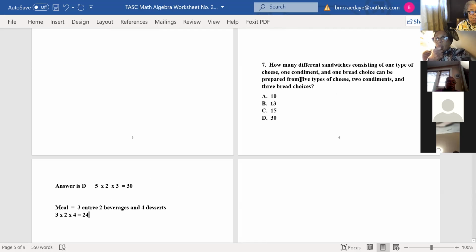Taking 1 of each would be 5 times 2 times 3, just like the number of meals you could make if you had 3 entrees, 2 beverages, and 4 desserts would be 3 times 2 times 4. You follow?